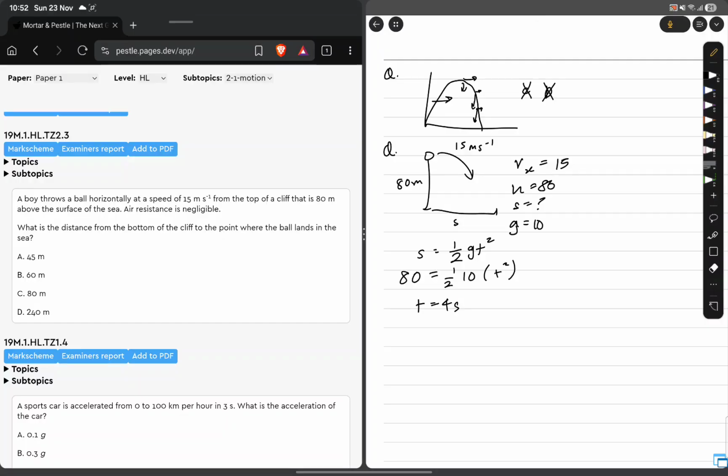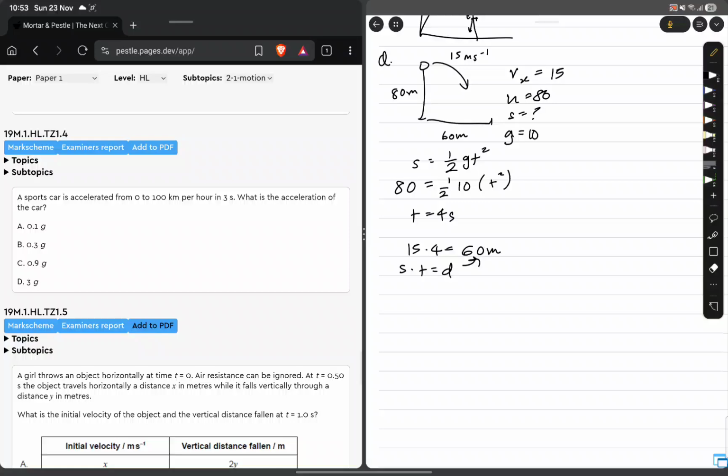And then as we're given the horizontal component, which is 15, we multiply to get 60 meters, as speed times time is distance, and therefore that's 60 meters, which is B. Next question.